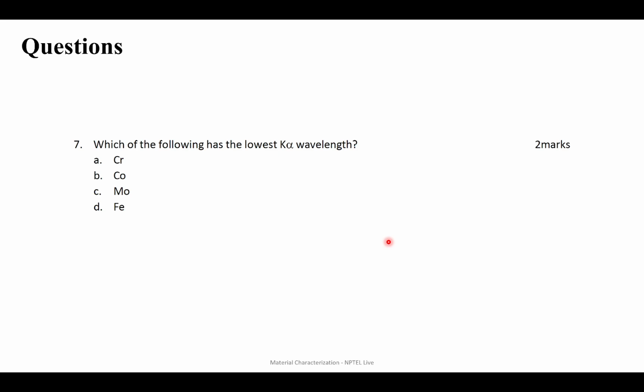Which of the following has the lowest K alpha wavelength? Chromium, copper, molybdenum, iron.